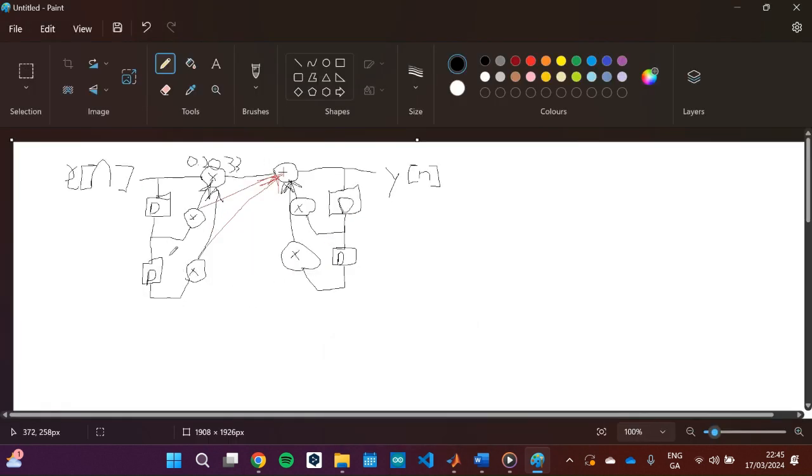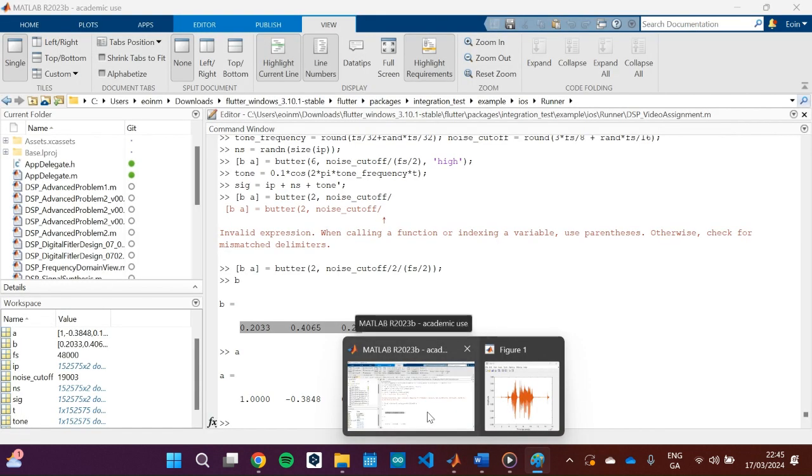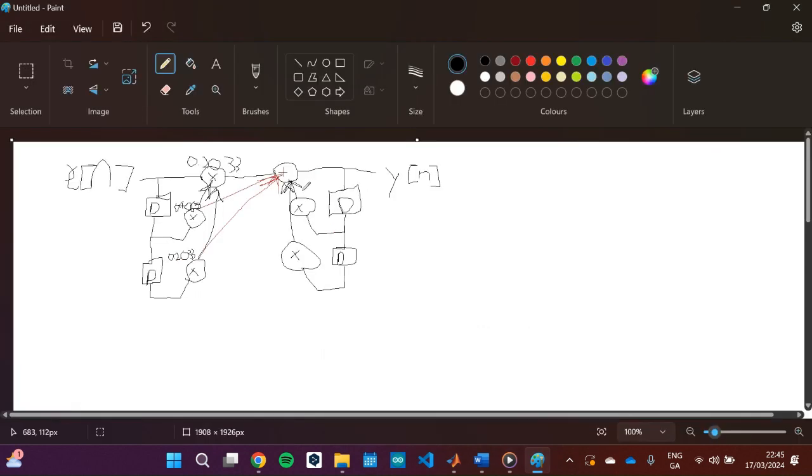Yeah, 0.2033. 0.4065. That's hard to read, but it's 0.4065. A coefficients now. A0 is 1. A1 is minus 0.3848. So here I'll go right plus 0.3848.